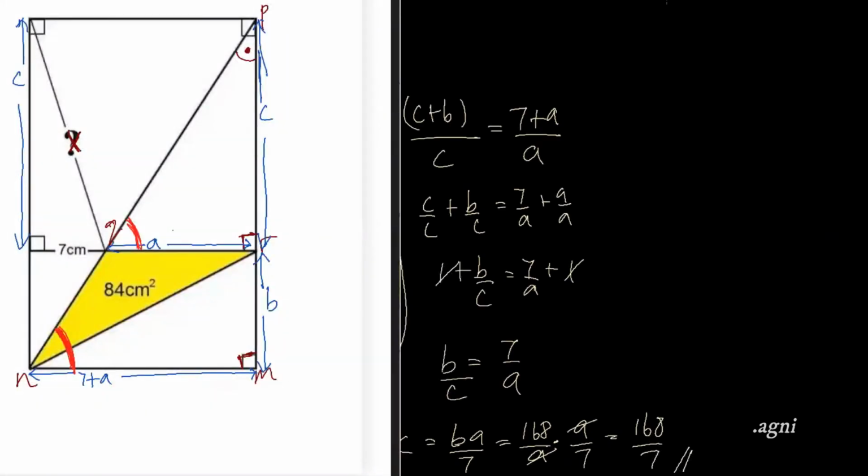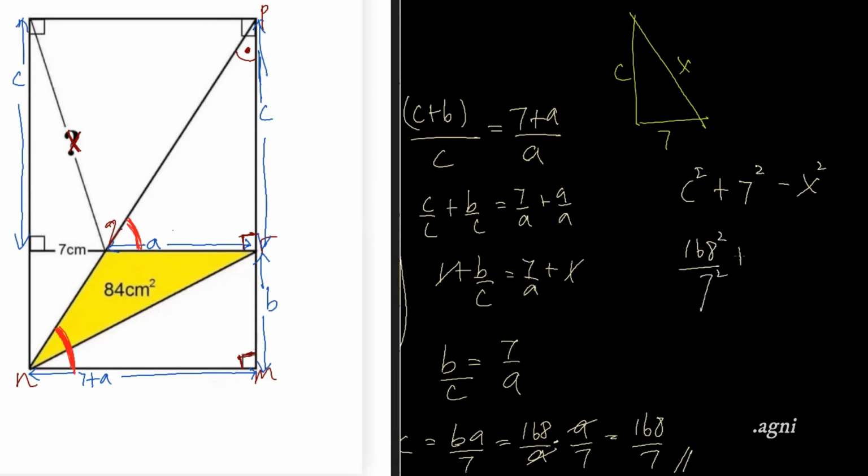Now consider this right angle triangle, where this is C, this is 7, and this is X. So you apply the Pythagoras theorem: C squared plus 7 squared equals X squared. So C is 168 over 7, which is actually 24 if you get this answer. If not, this is going to be more complicated.